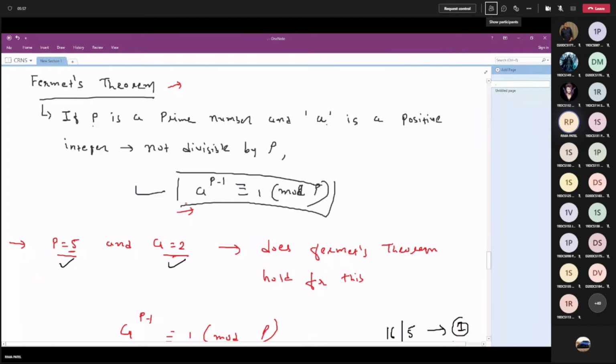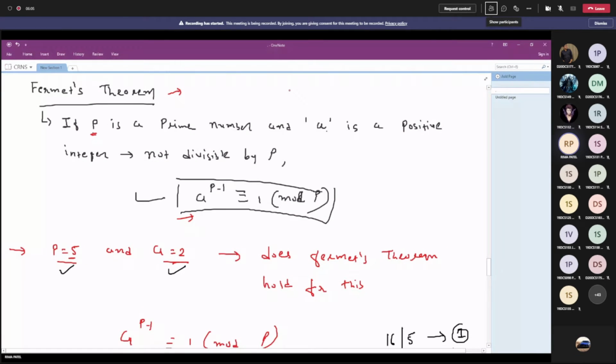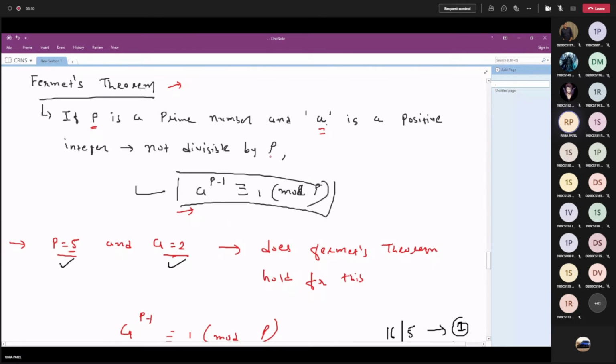Okay, so Fermat's theorem states that if P is a prime number and A is a positive integer which is not divisible by P, then I can write like this, that is A raised to P minus 1 congruent to 1 mod P. Okay, now we know this concept, right?